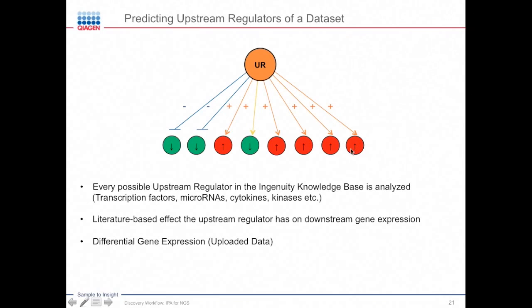The algorithm looks at the actual expression in the data set and determines if there was a match, meaning the upstream regulator looks as if it were activated, or an anti-match where everything went backwards, predicting that the upstream regulator is actually inhibited. Okay, so that's how the tool works. It comes up with a Z-score, and Z-scores greater than 2 or less than -2 are considered significant.